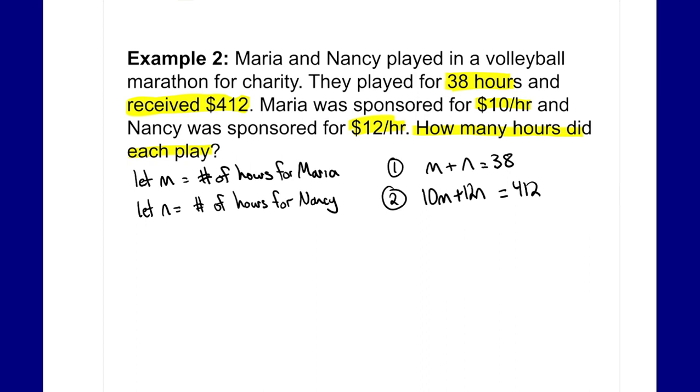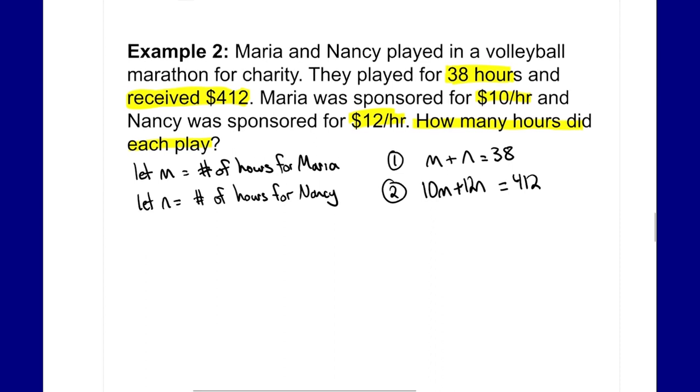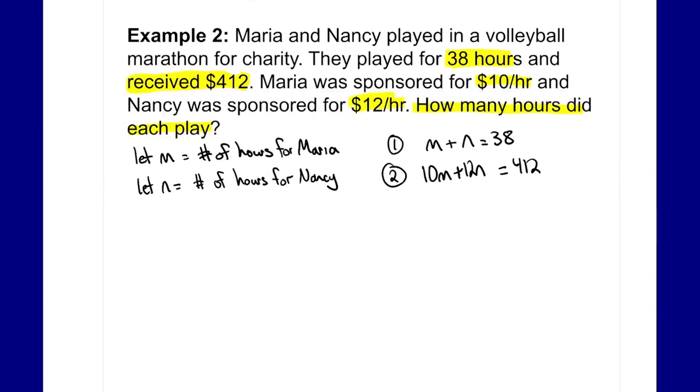So now that we have our two equations, we can go through and solve using substitution, very similar to what we did in our last two examples. So the first thing we're going to do is rearrange one of them. In this case, we're going to choose to rearrange equation 1.